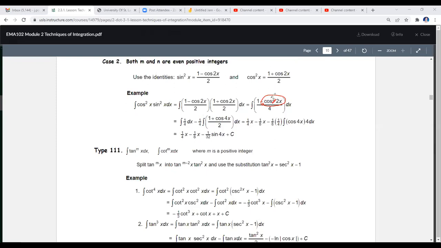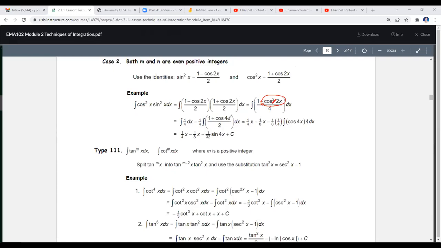So since you already have 1/4 here, class, you place here negative 1/4 and then convert this into this equivalent identity. Your angle is 2x, you will need to double it, that will make it 4x. So cosine squared x is 1 plus cosine of 2x over 2.